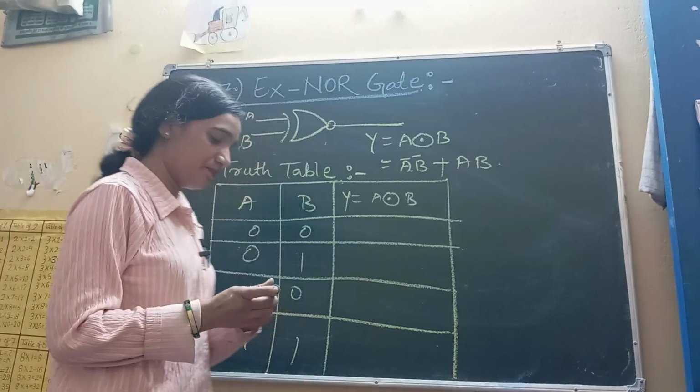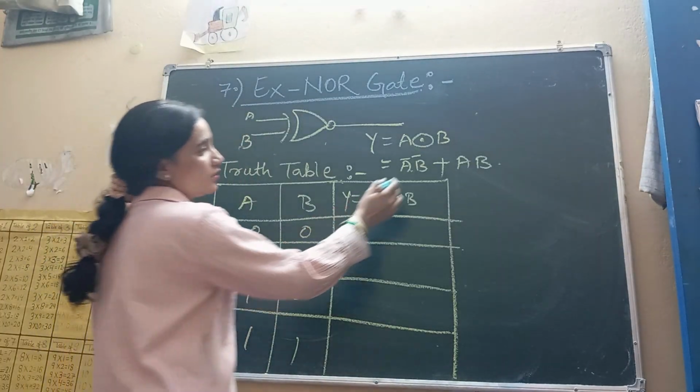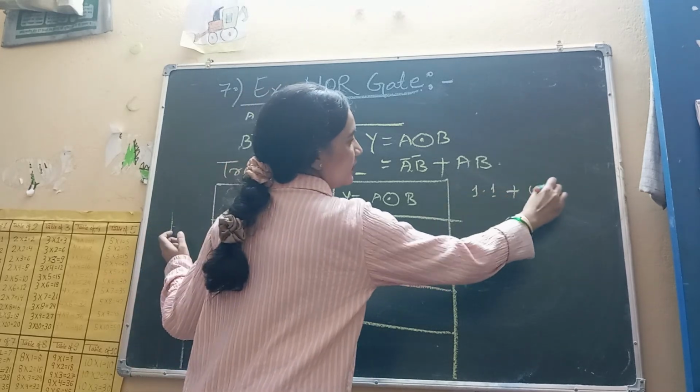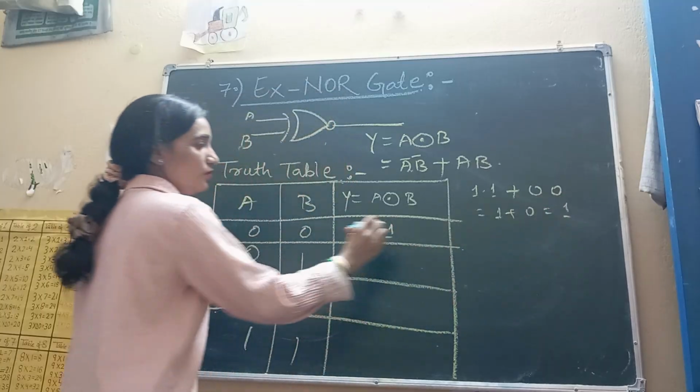Let us see this. When both the inputs are 0, 0 0 means 1 1, and here means 1 plus 0, so 1.